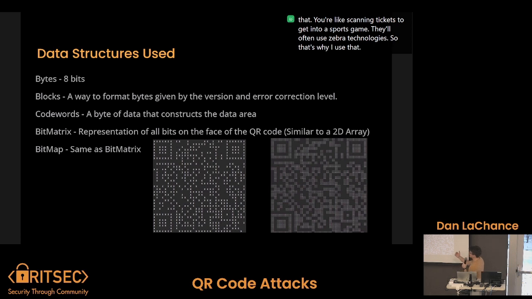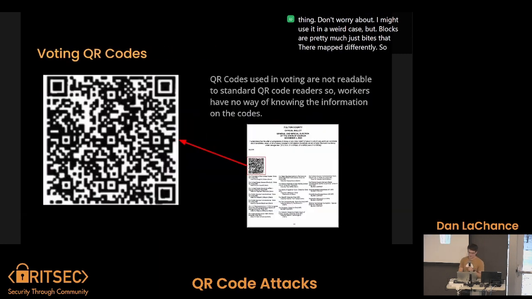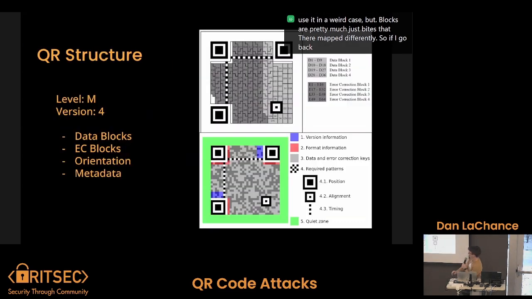So I just wanted to talk about some data structures and terms that I might be using. Obviously bytes, it's the same thing. I might use it in a weird case, but blocks are pretty much just bytes that are mapped differently. If I go back to this image, each of those outlined areas is 8 bits, but it's not straight, binary readable.